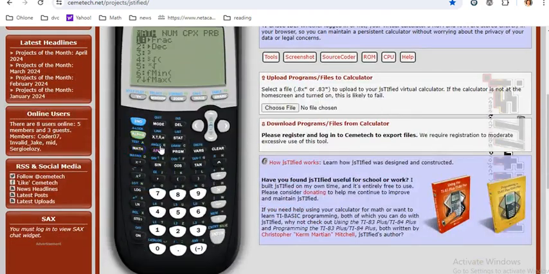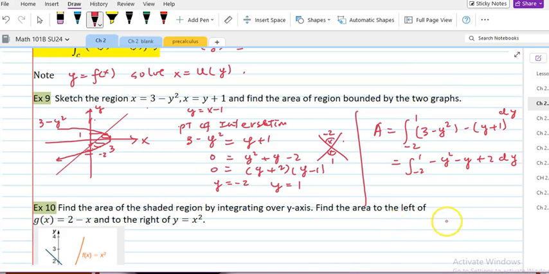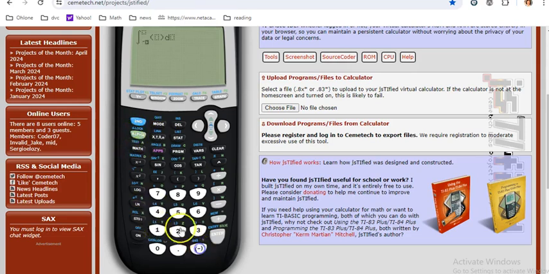So, fnInt from negative 2 to 1 of negative x squared, minus x plus 2.